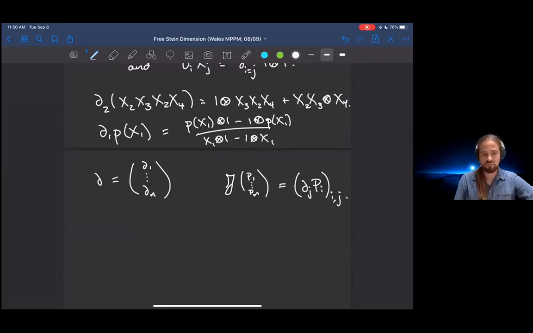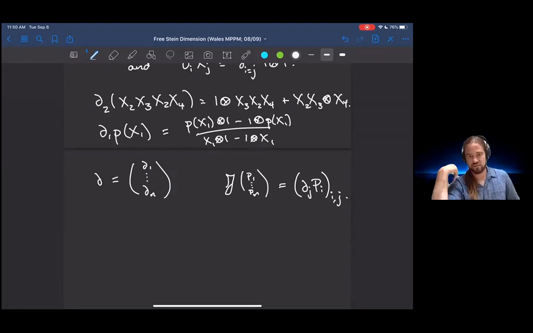And now our goal is to find the right analog for the adjoint of the derivatives. And so if I view each of these free difference quotients, or the free gradient or the free Jacobian, as unbounded operators defined on the polynomials sitting within the appropriate L2 of M or L2 of M tensor M space, then these give me nice unbounded maps into the tensor product of L2 M with itself for the appropriate matrices or tuples.